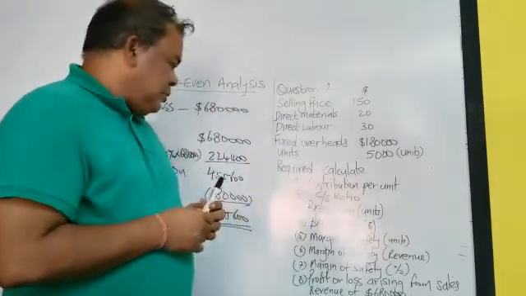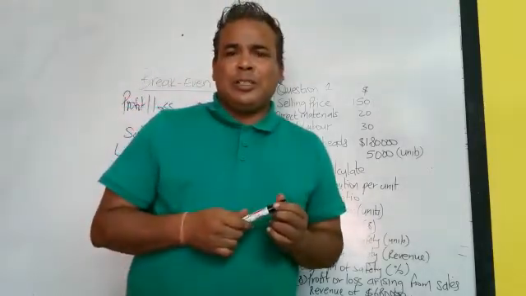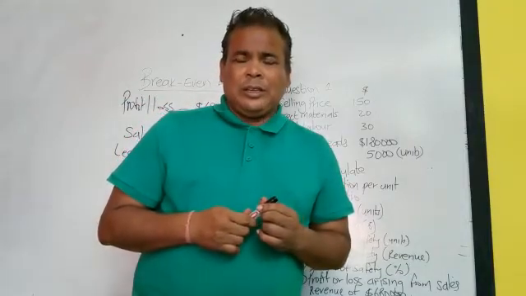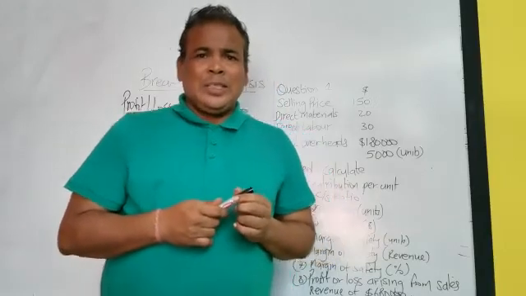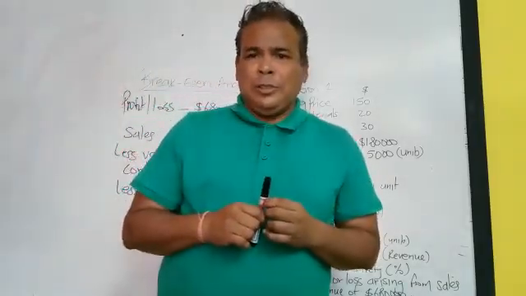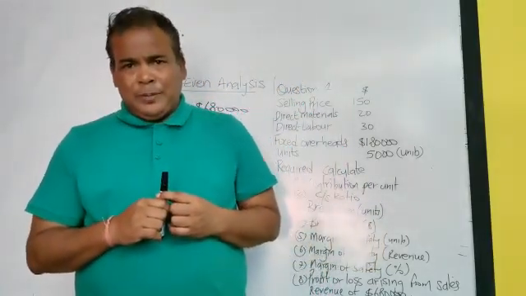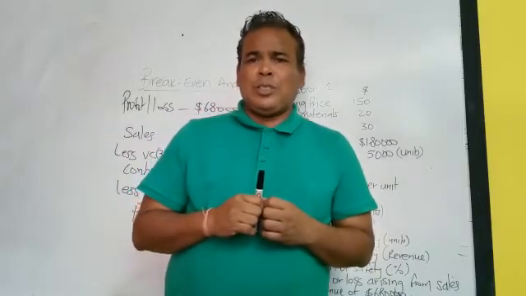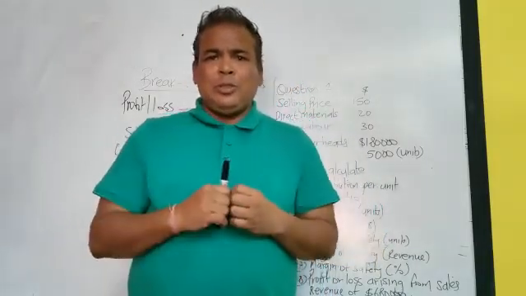We have also seen margin of safety, the range within which the company can operate safely before incurring a loss. The higher the margin of safety, the higher will be the profit area. The lower the margin of safety, the lower will be the profit area, because the lower the margin of safety, it means that we will reach the break-even point.